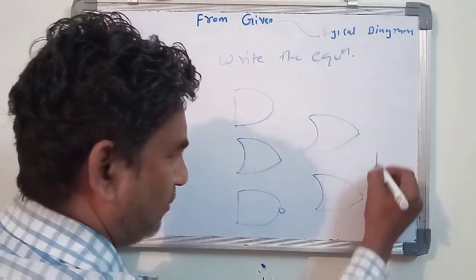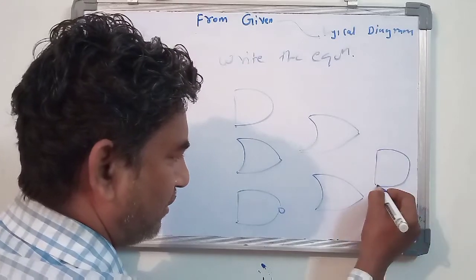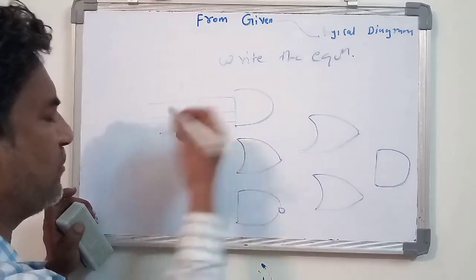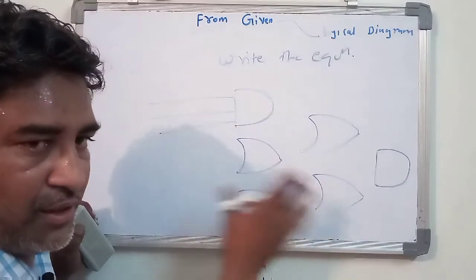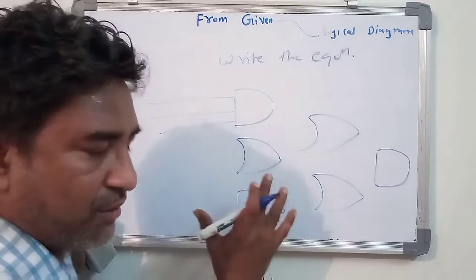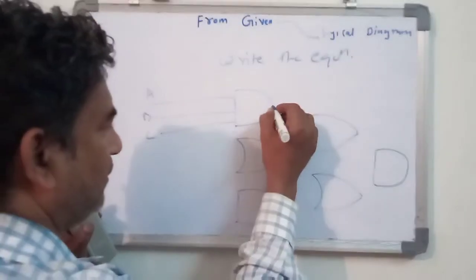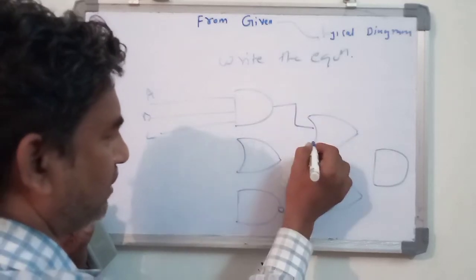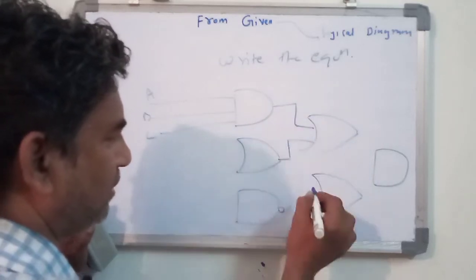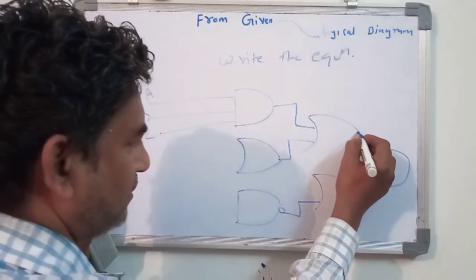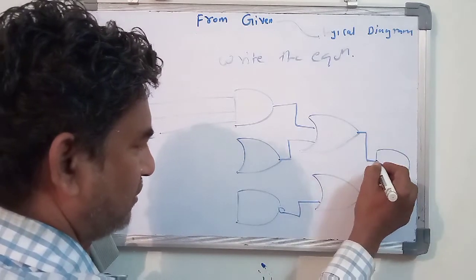And the whole has been connected with this gate. Now you just give the names. Suppose this is the question, it is not the answer, it is only the question. Suppose it is A, B, C input. This output is connected to this one. This output is connected to this one. This output is connected to this. This output is connected to this one.